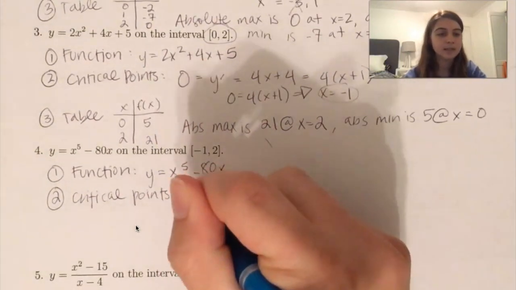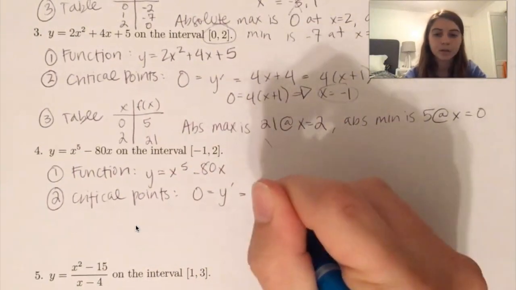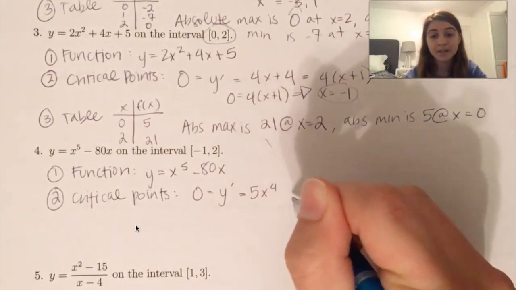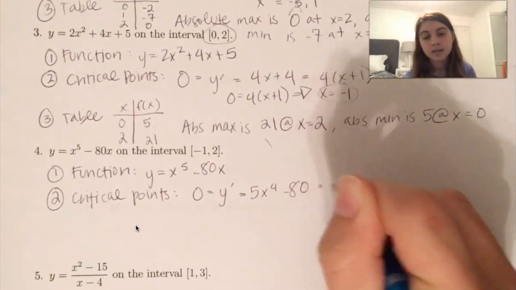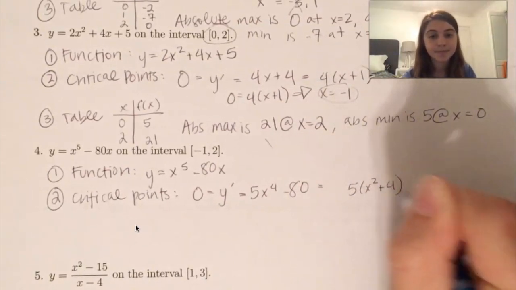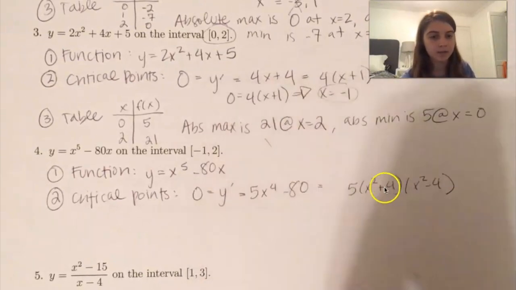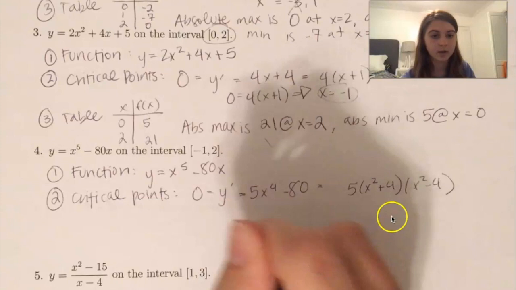So that's going to be 0 equals y prime equals 5x to the 4th minus 80. And we're going to factor that into 5 times x squared plus 4, times x squared minus 4.